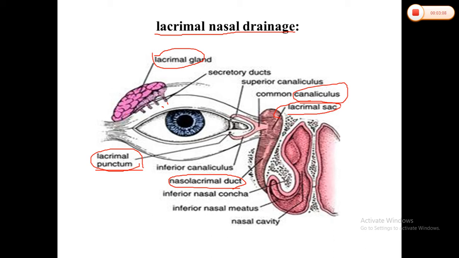Basically, there are two punctums, situated on each lid margin at the junction of the ciliary and the lacrimal parts, on the elevations which are called the lacrimal papillae.